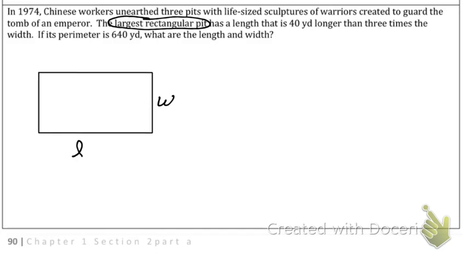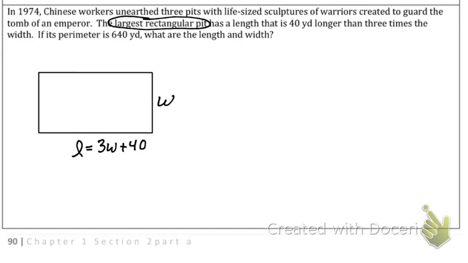All right, it says that the length is 40 yards longer than 3 times the width. So I'm going to leave width as just W, and I'm going to rewrite my length. If I multiplied the width by 3 and then added 40, I would get my length out.